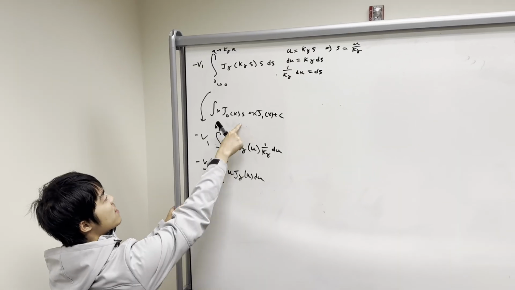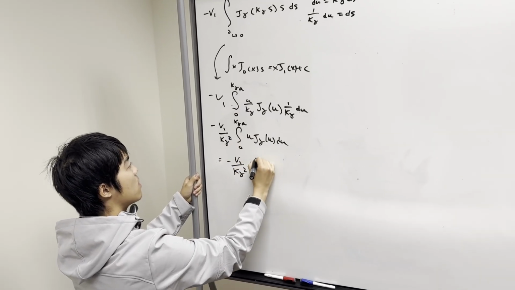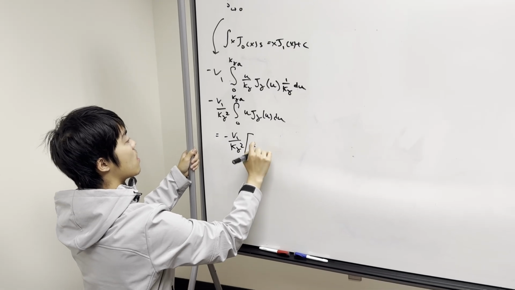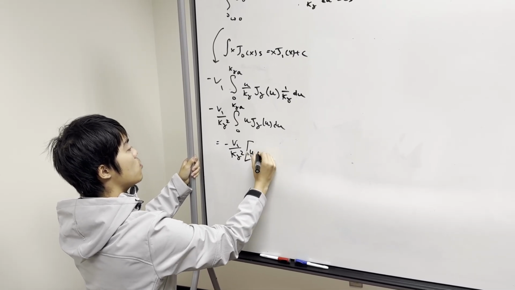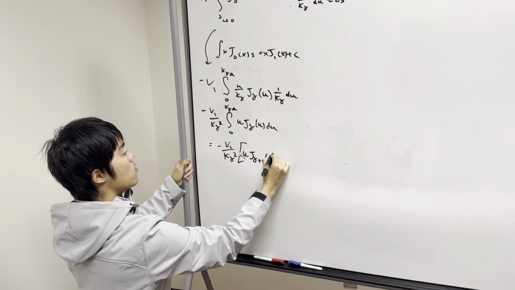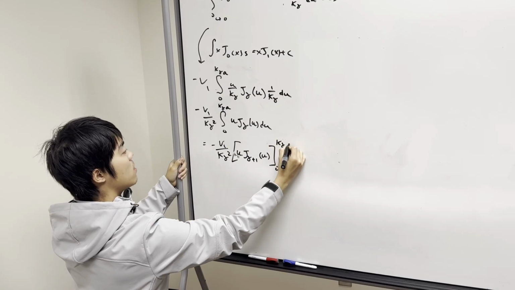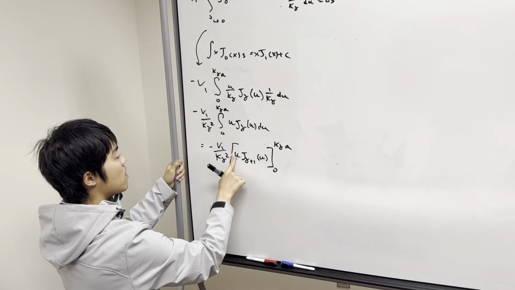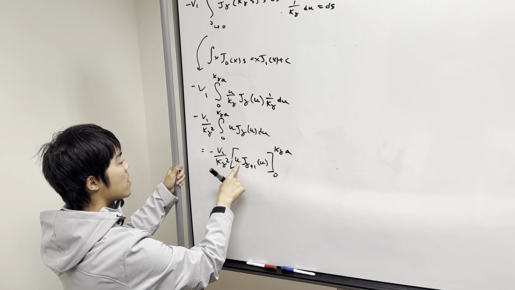Okay, so now we just apply this property, and we end up with negative v1 over k gamma squared times u J gamma plus 1 of u, and that goes from 0 to k gamma a. And then now we plug in k gamma a into this u.